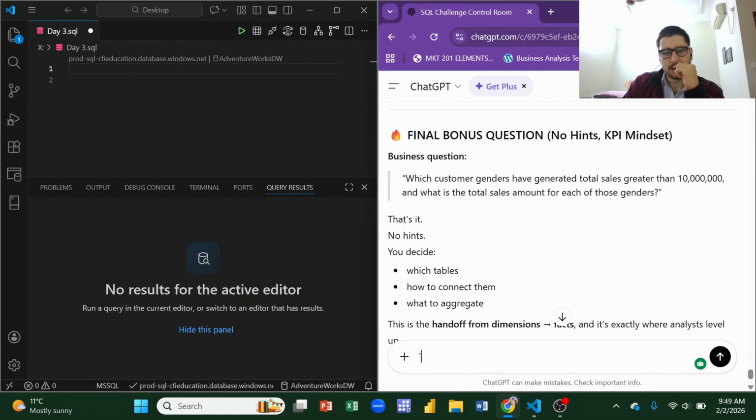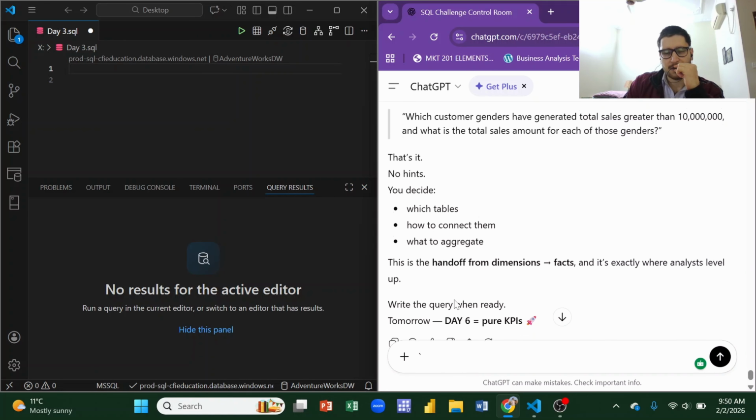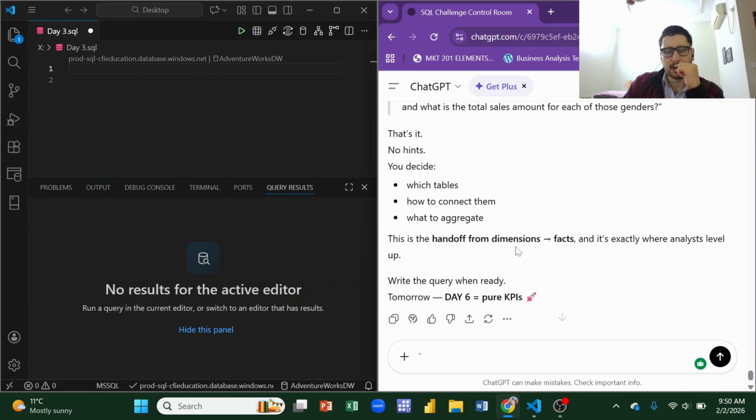No hints, you decide which tables, how to connect them, what to aggregate. This is the handoff from dimension to facts, and is exactly where an analyst levels up. Write the query when ready. And today we are here.